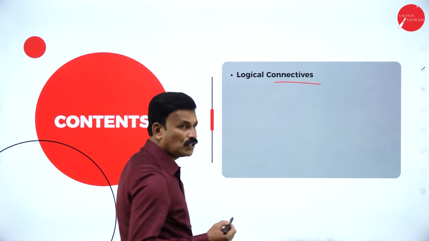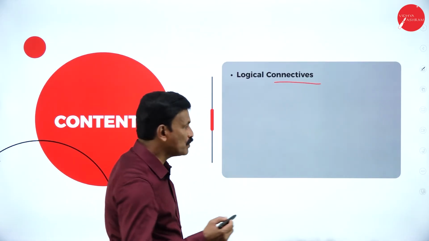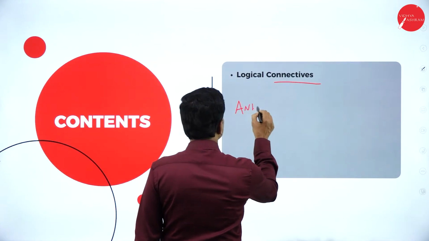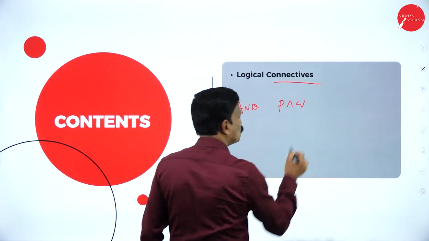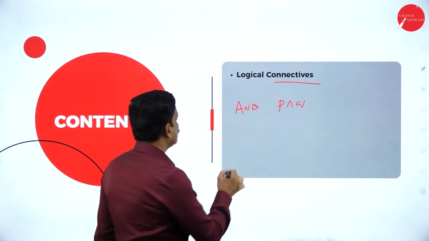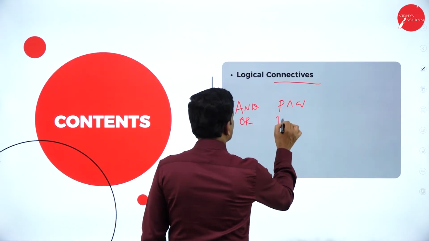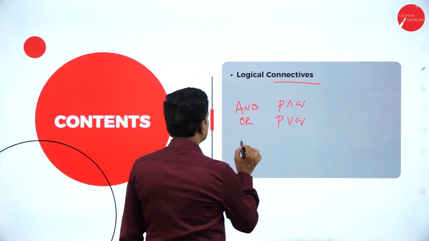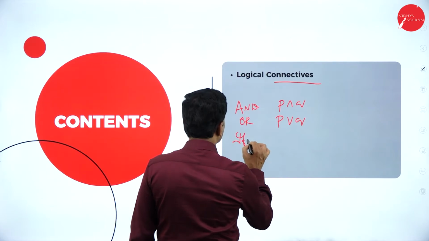So, if P and Q are any two compound propositions, then the connectives which we are going to use are: AND, which means P conjunction Q. AND is called the conjunction. Next, OR, that is P disjunction Q. Then the conditional statement, conditional means if then.